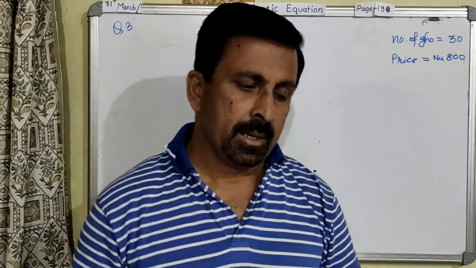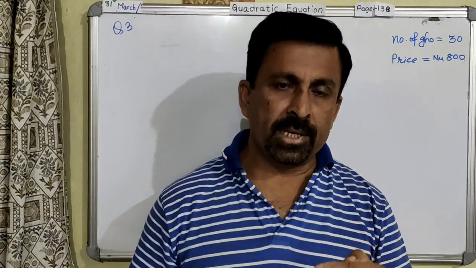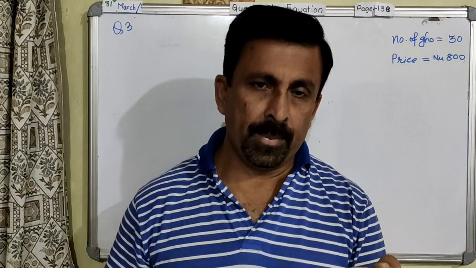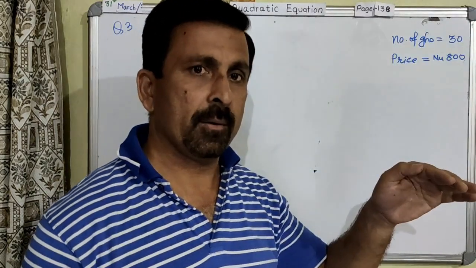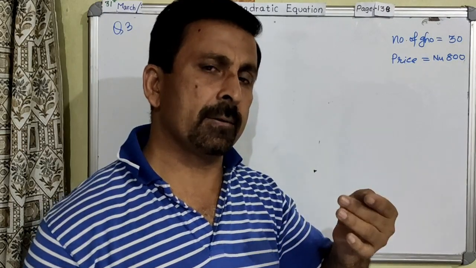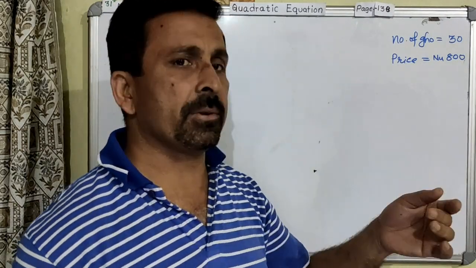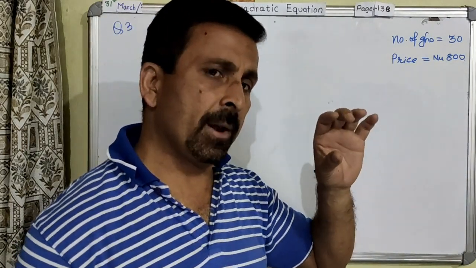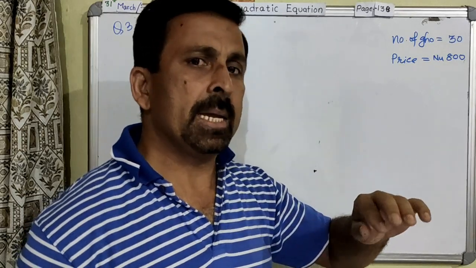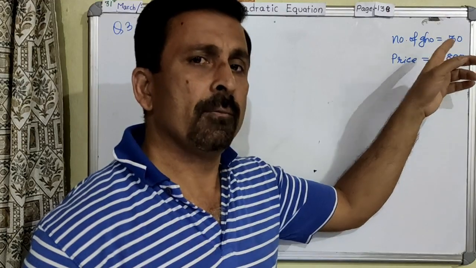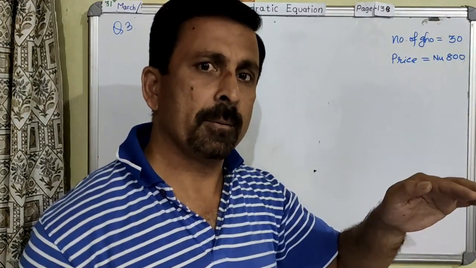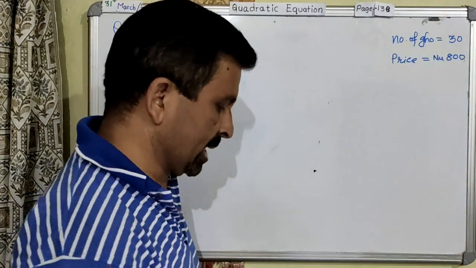That means, when the price of the hoe increases by 40, the sale of the hoe will decrease by 1. Let us try to understand it this way.